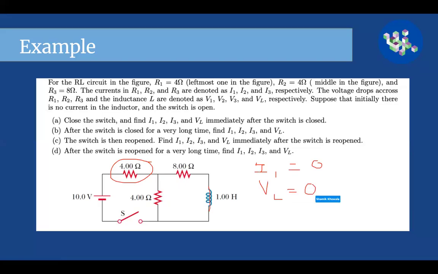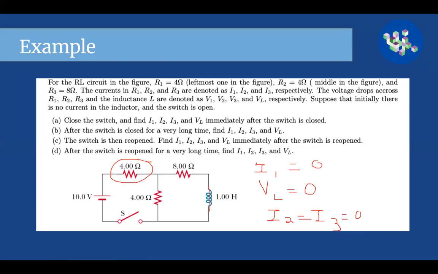The last thing is that after a very long time, I2 will simply equal I3 will simply equal 0 because everything decays to 0. All the power dissipates.